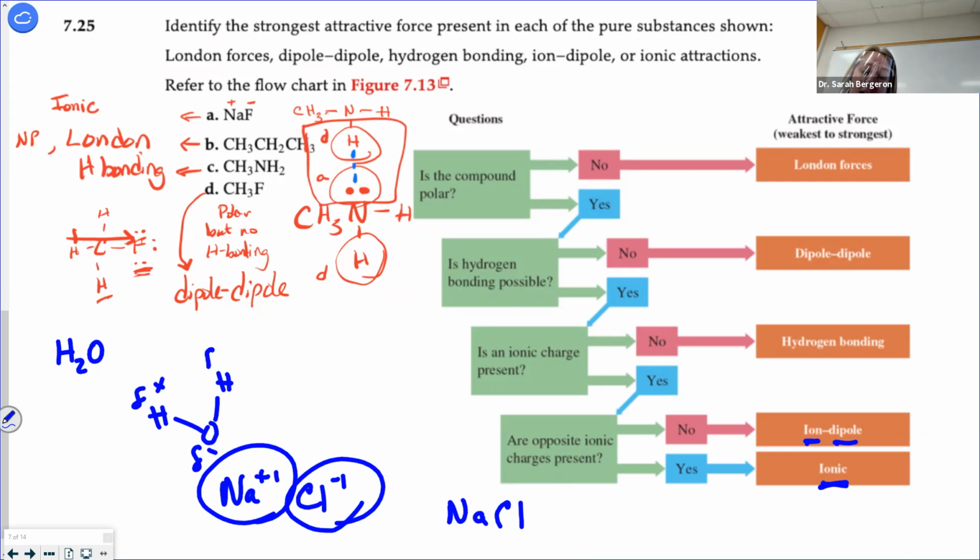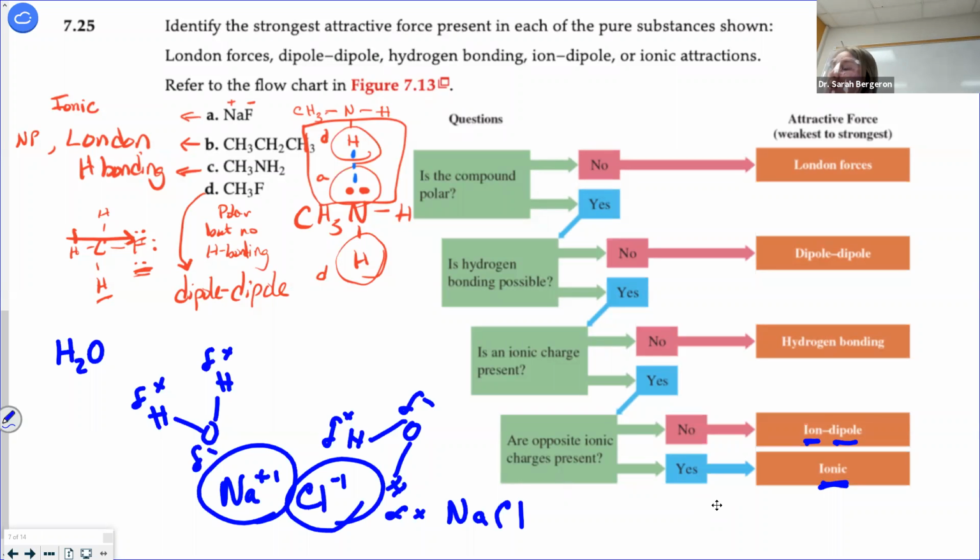These are partially positive. So you would have water molecules that would surround that sodium ion and dissolve it. What about with the chlorine? What part of water would associate with chlorine? The chlorine is negative, so it would be the hydrogens that would associate with the chlorines because they're partially positive. Positive attracted to negative, negative attracted to positive. So that's an example of ion-dipole.